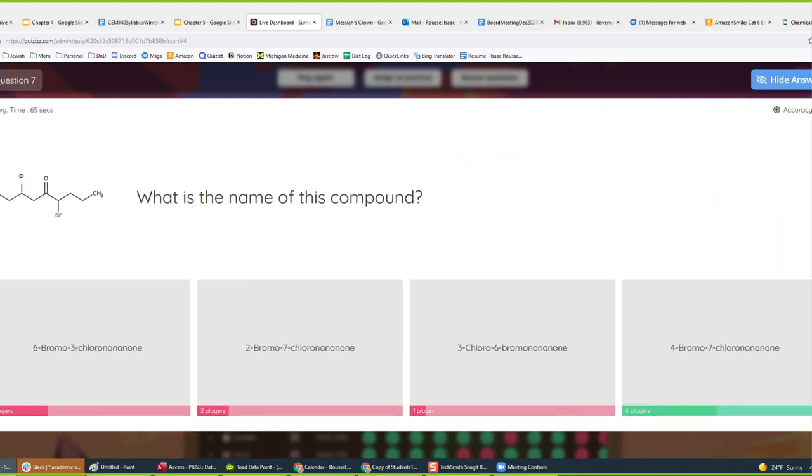What is the name of this compound? Looks like about half got it correct. Is this question 7? Yeah, this is the one that most people had trouble with. I think there might be something slightly wrong with that because there's no place to designate where the ketone is. Yeah, I was thinking that while I was watching you guys do this.